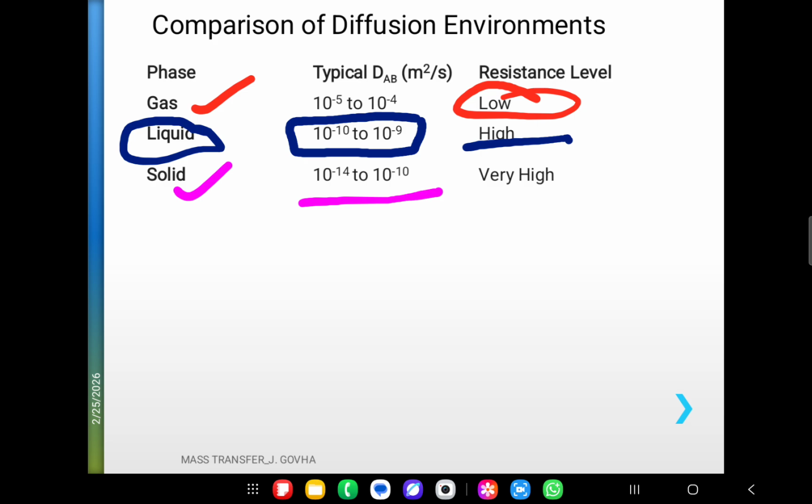That's due to the close packing found in the solid, meaning that the resistance is very high.